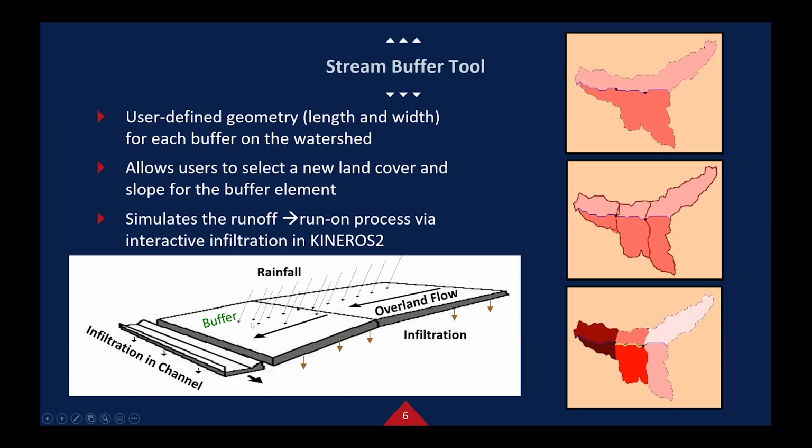The lower plane would be the buffer, and you can have different input for these two planes in terms of vegetation cover, as well as the gradient of the slope. So you can incorporate an area with higher cover in the buffer zone compared to the upland part of the plane. This is something that you can use to put in something different along the channel. In this case, we're talking about mainly a buffer.